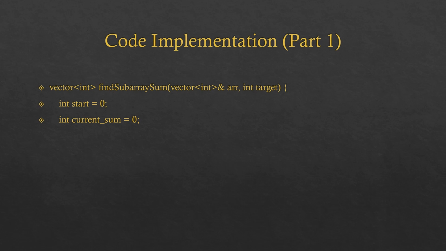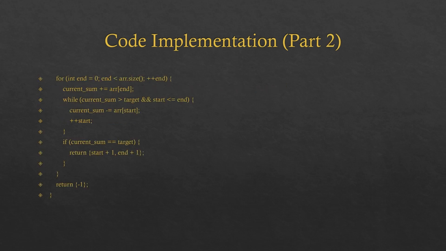Let's take a look at the code implementation. First, we declare the function find subarray sum, which takes the array ARR and the target sum target as input. We initialize start to 0 and current sum to 0. We then iterate over the array with the end pointer.